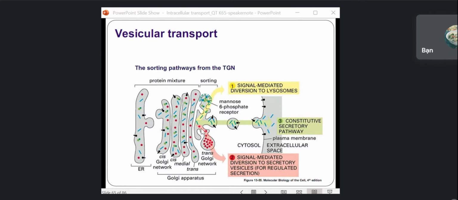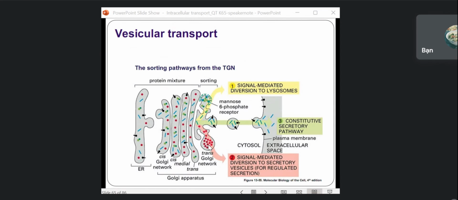So in the cell, some types of molecule are constitutively secreted from the cell, and other molecules are also secreted from the cell, but they depend on the signal the cell receives. That means they are not always secreted.